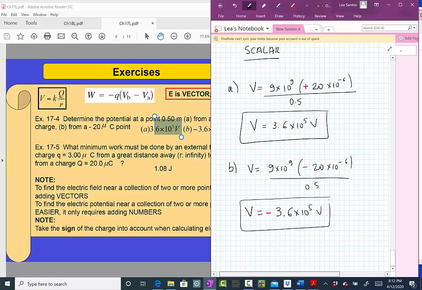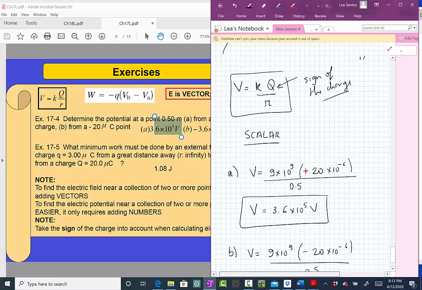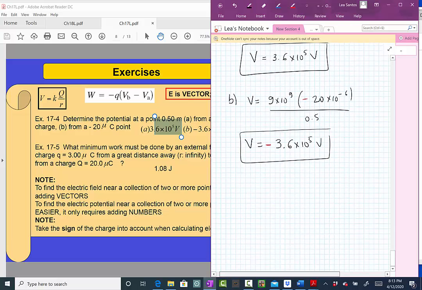So in this sense, this is very different from the problems for electric field. I'm going to repeat. In the problems for electric field, in this equation that we have, k q over r squared, we don't care about the sign of the q, because this equation just gives us the magnitude of this electric field.